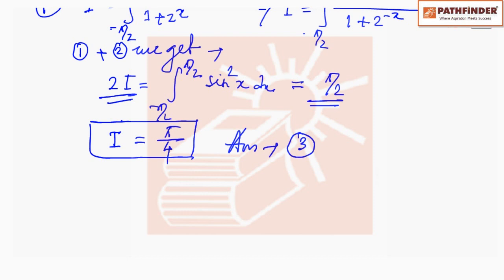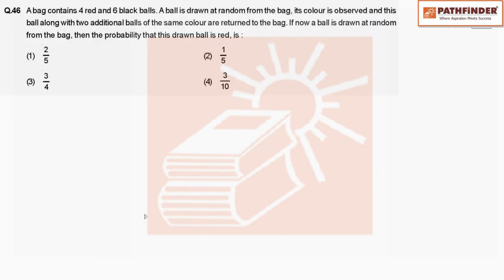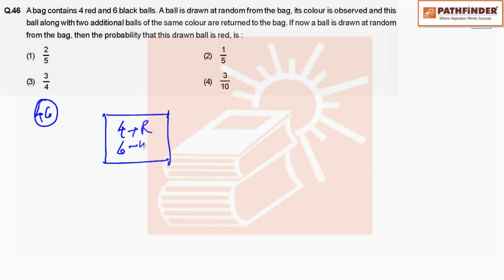Now the next question is a question of probability. Question 46: a bag contains 4 red balls and 6 white balls. So we can construct a bag which contains 4 red balls and 6 white balls.